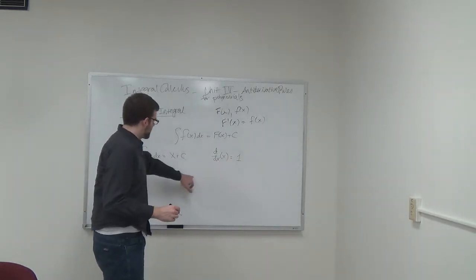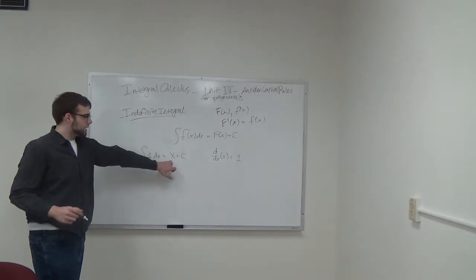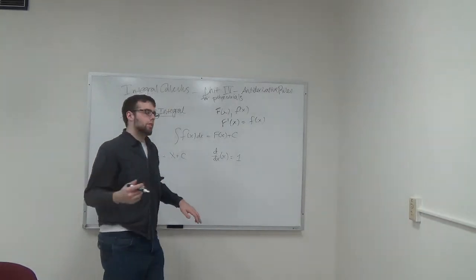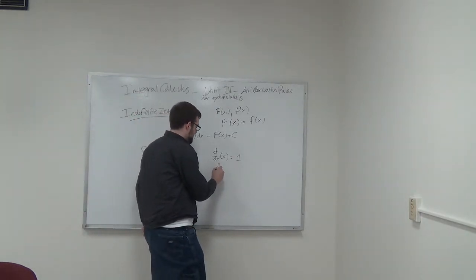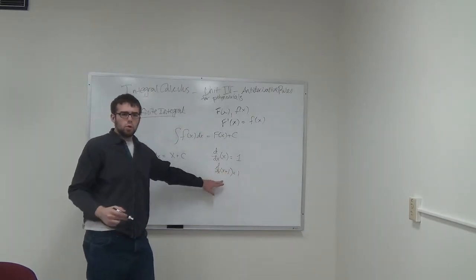So if we reverse engineer that, the antiderivative of 1 is equal to x, but also d/dx of x plus 1 is equal to 1, because the derivative of 1 is equal to 0.